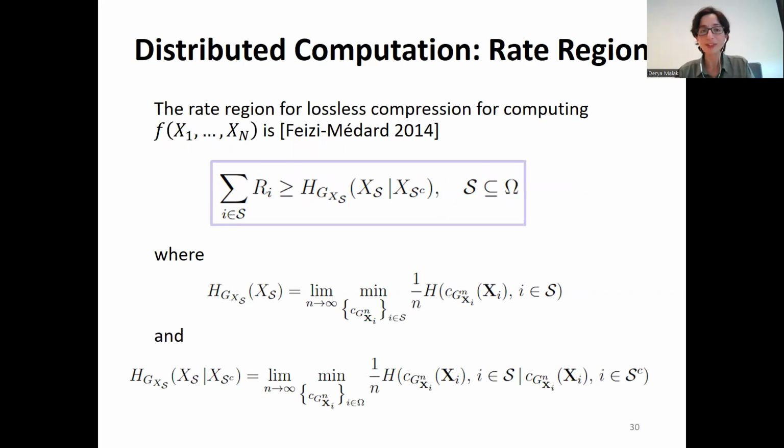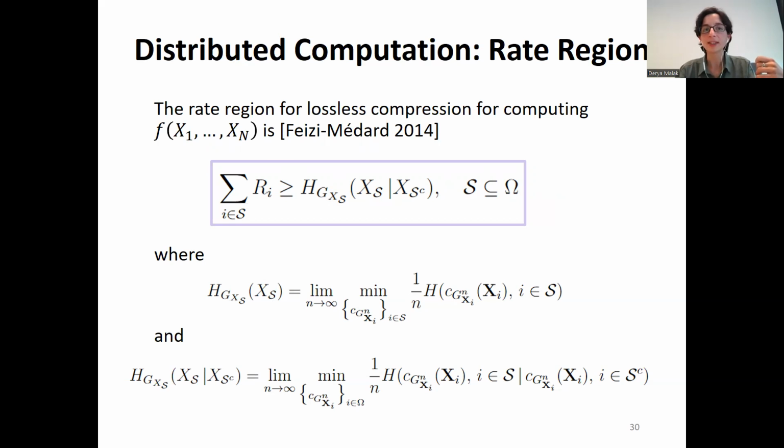So using the graph theory approach, it is possible for us to model, to characterize a rate region for a subset of servers. So this omega was the set of n servers, and S denotes a subset. And this is a trivial extension of the Slepian-Wolf bound for any subset of users.